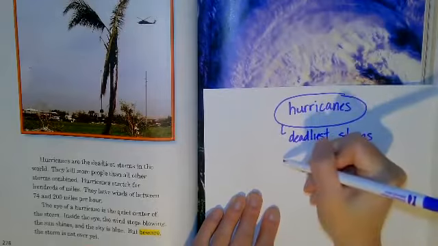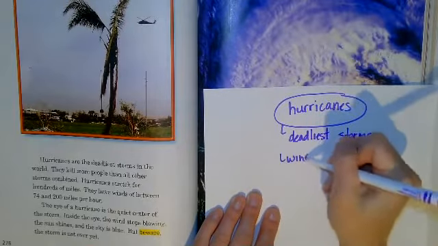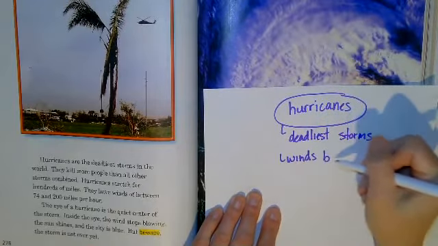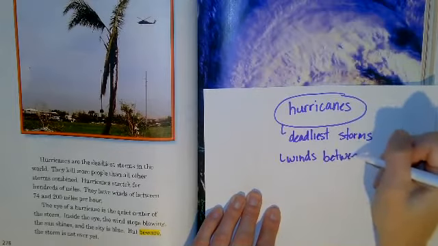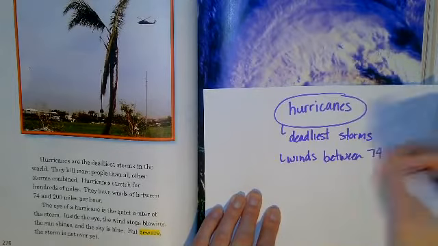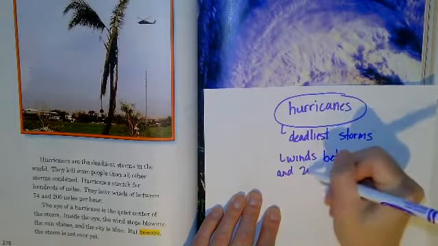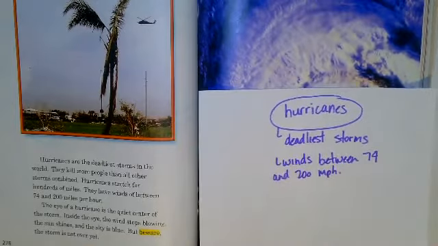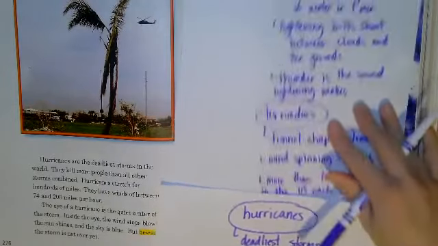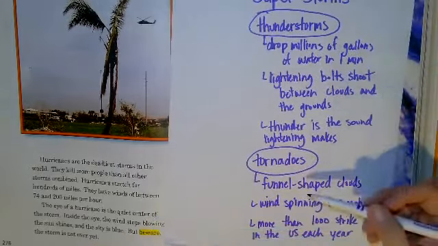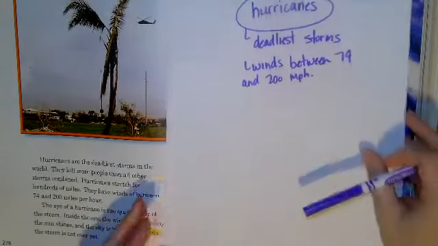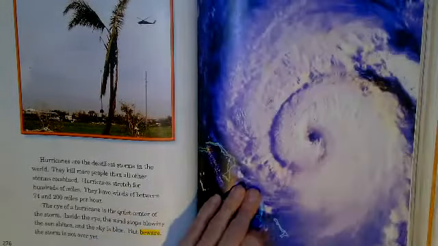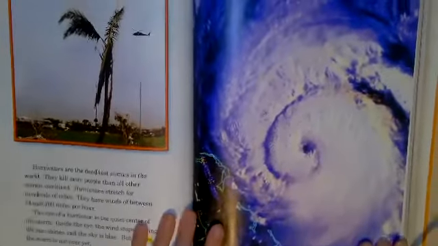And they have winds between 74 and 200 miles per hour. So hurricanes are the next main idea. We had thunderstorms, tornadoes, and now we're looking at hurricanes. And look at that picture of that hurricane. Isn't that crazy?